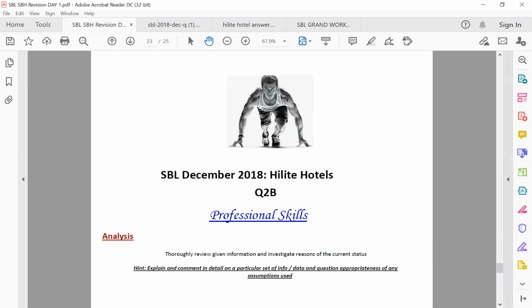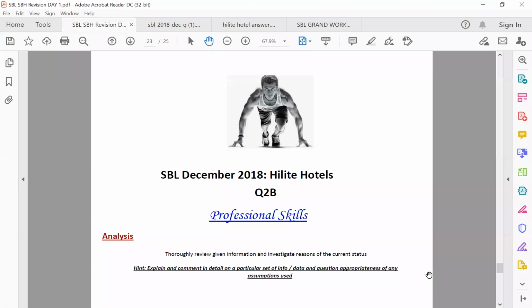So what are the professional skills marks that we will be looking into in these papers? Thoroughly review given information and investigate reasons. When they say analysis skills, you need to keep this in mind. This is the most important area, and I have kept this area after every handout.